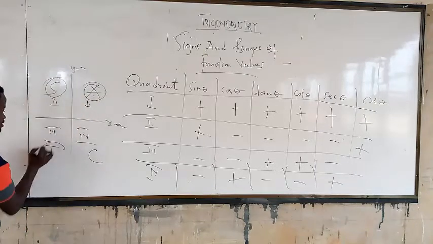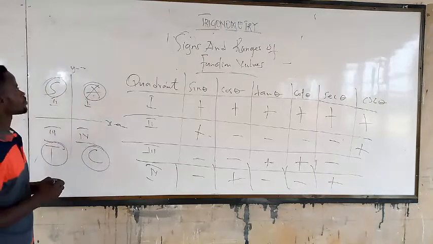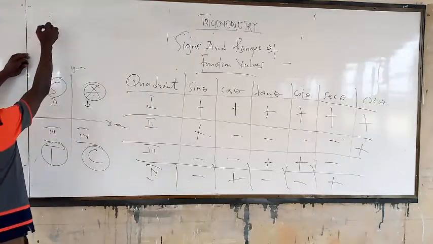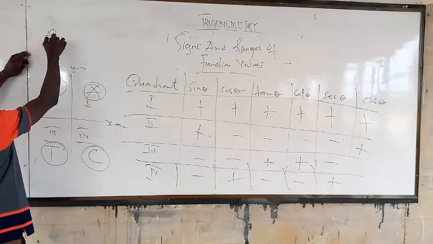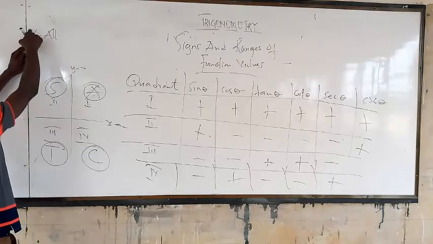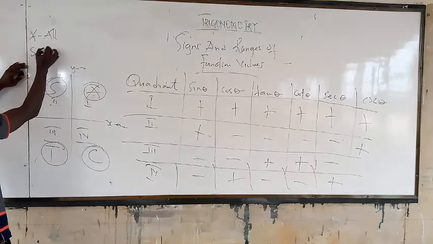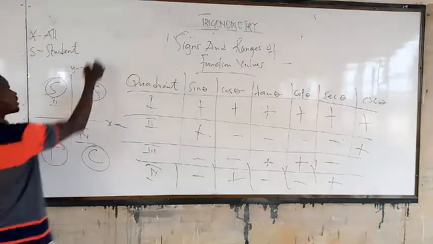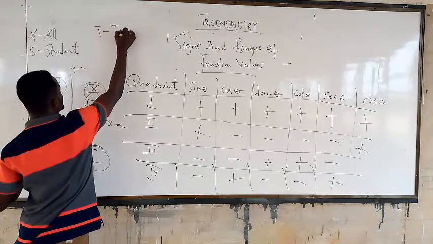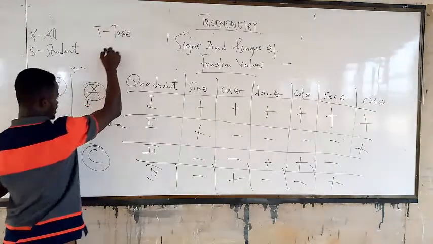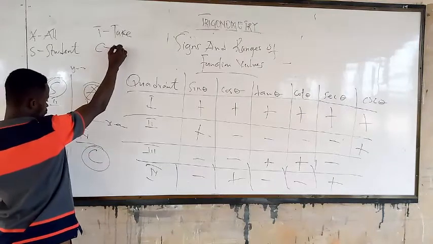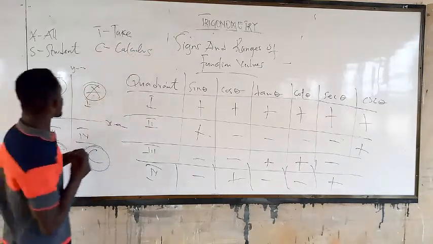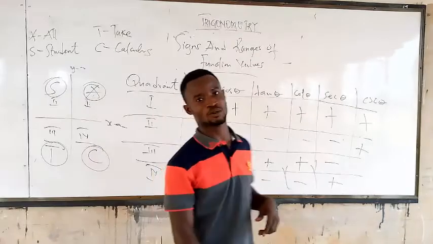A, S, T, C. We call it something: the A stands for all, the S stands for students, the T stands for take, the C stands for calculus. So this is: All Students Take Calculus.